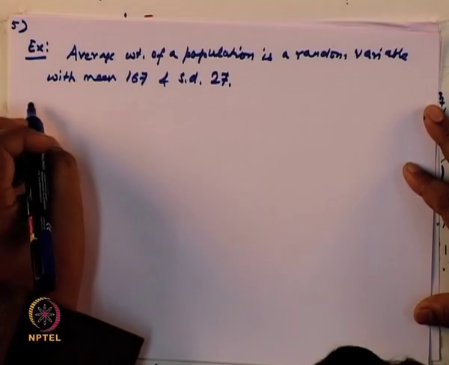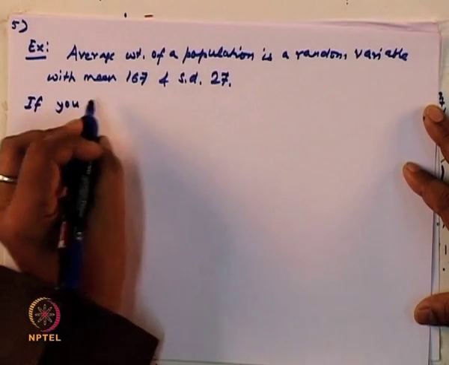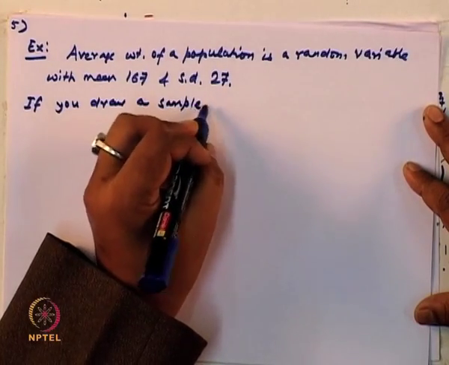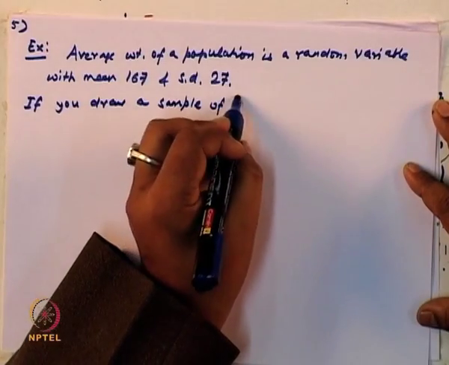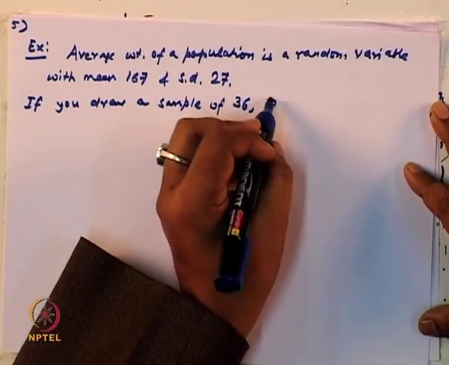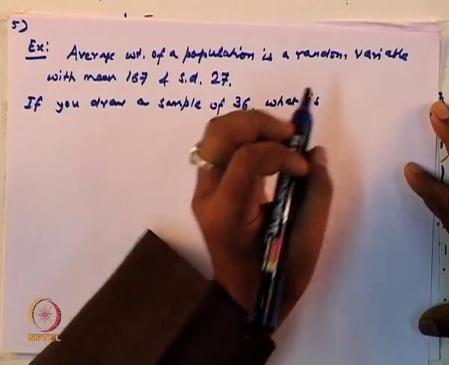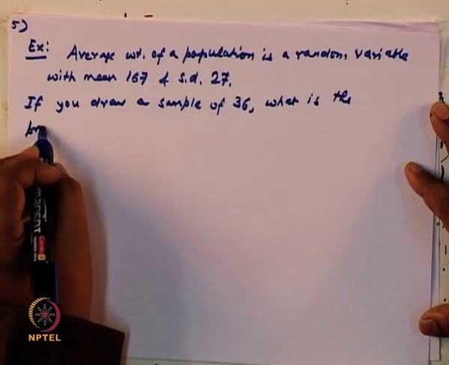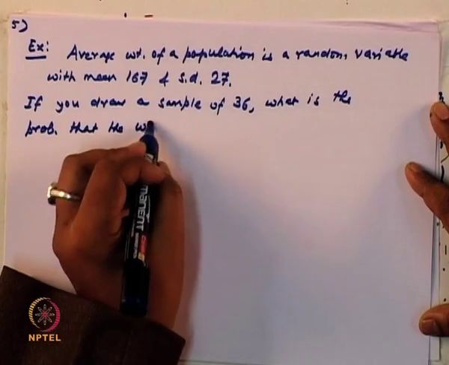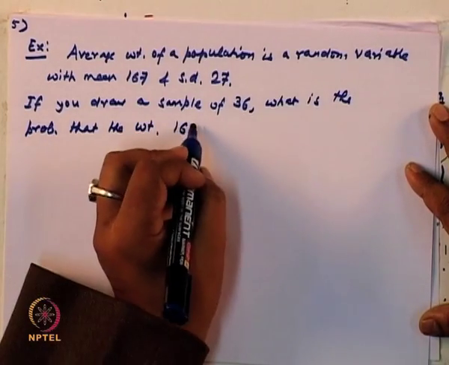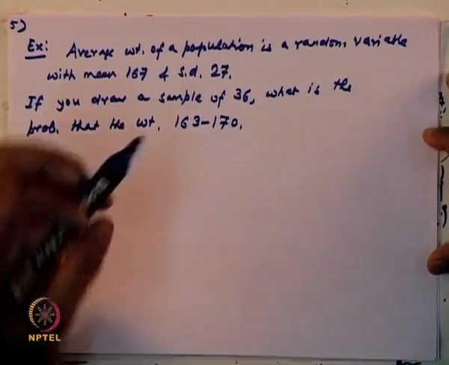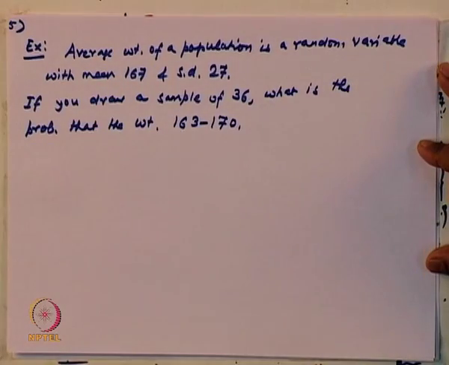If you draw a sample of 36, that is, if your sample size is 36, what is the probability that the average weight will lie between 163 and 170? So, we want to calculate the average weight lying between 163 and 170.